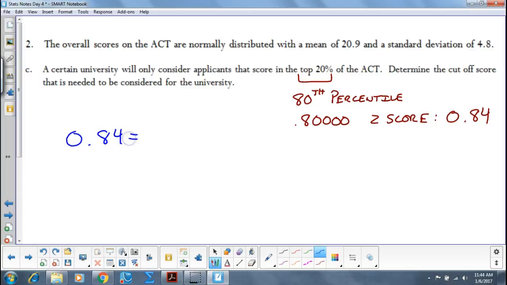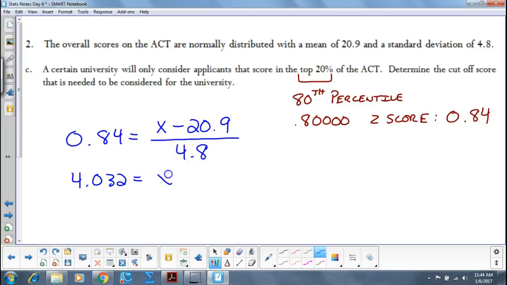0.84 is going to equal x minus 20.9 divided by 4.8. So 0.84 times 4.8 is 4.032.